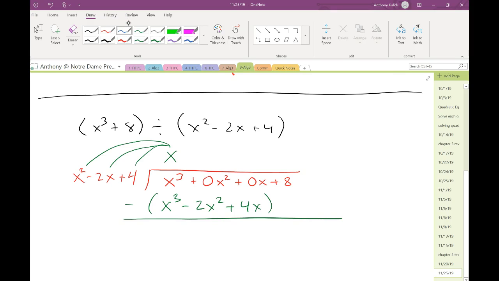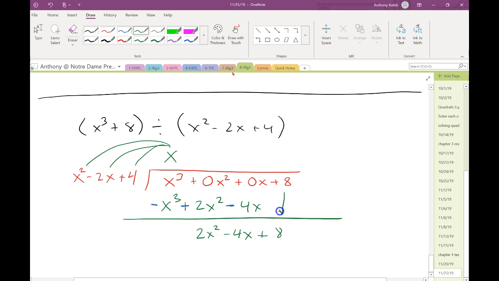So, when I have this subtraction, what am I going to do? I'm going to make sure I distribute that. Yeah, so the x cubed becomes negative. The negative 2x squared becomes positive. And the positive 4x becomes negative. So I'm left with 2x squared minus 4x. And then we'll bring that 8 down.